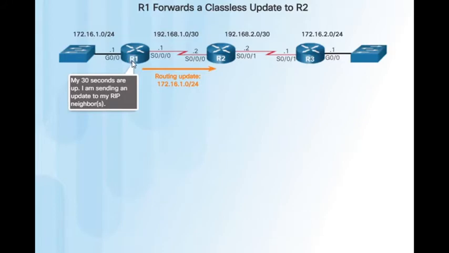So when it's time for R1 to update its neighbor using classless, as you can see, unlike classful, in this scenario it included the subnet mask. So it extracted the exact network address. Since we have the subnet mask, we have full control of that network address. So it sends exactly the 172.16.1.0 network across to its router neighbor.